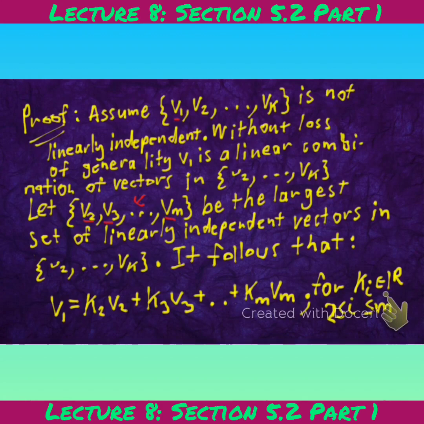And therefore, if I write V1 as a linear combination of all those vectors, the one that wasn't in there I can replace with a linear combination of these vectors here. Okay, so therefore we can express V1 as a linear combination of these vectors.